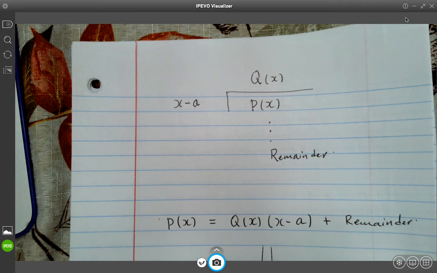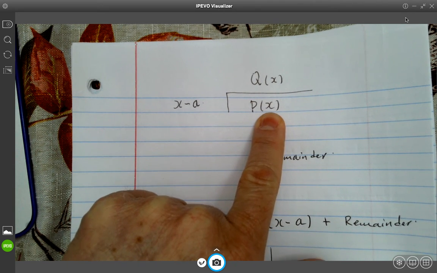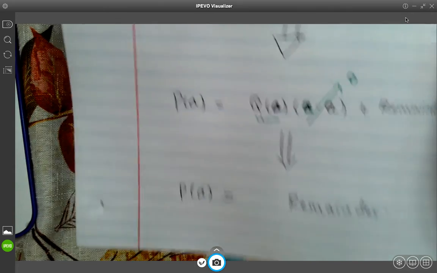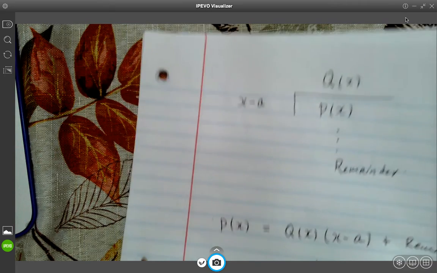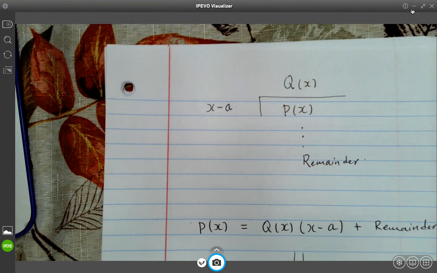Or you can just plug in a instead of x into the polynomial, and you're going to get the same answer. Okay, we'll see that in the example, but that is the main idea. So hopefully you follow that right there.